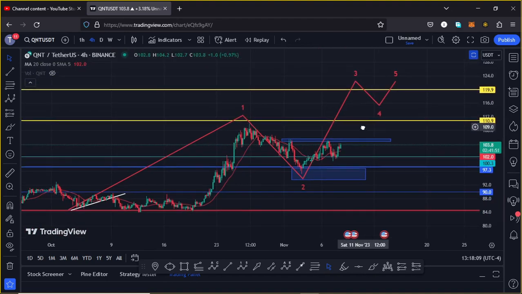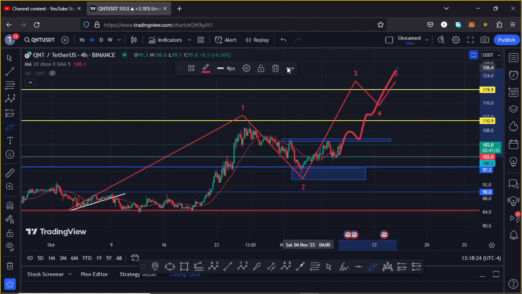And the moment we see a break above the $105 mark, which is our next key area of resistance, with a retest, and a break above the $110 mark, then that is enough confirmation that we are getting even more impulsive in the formation of that wave 3.